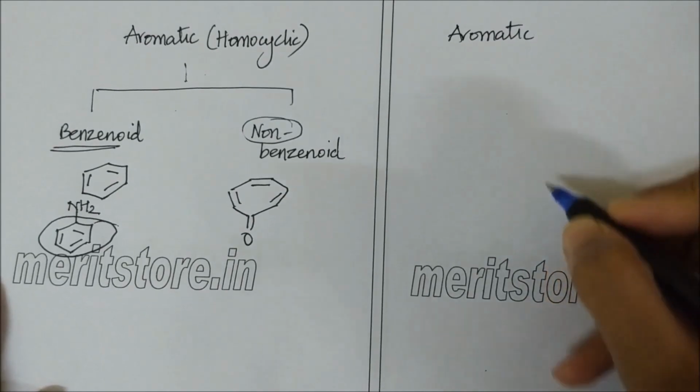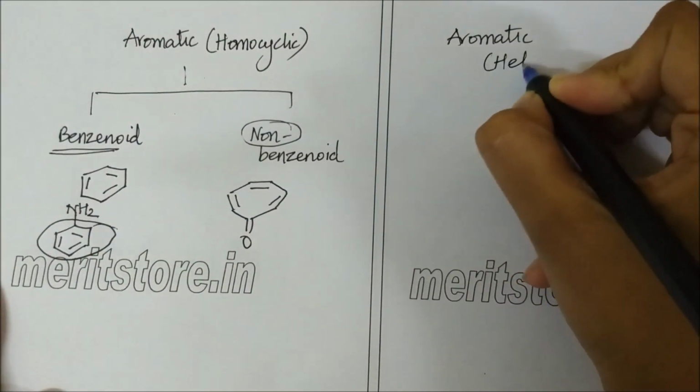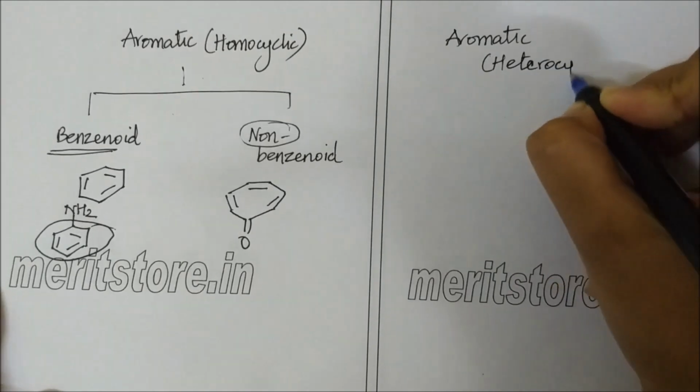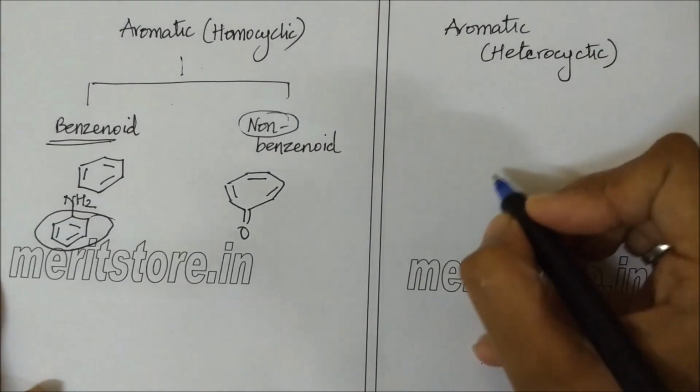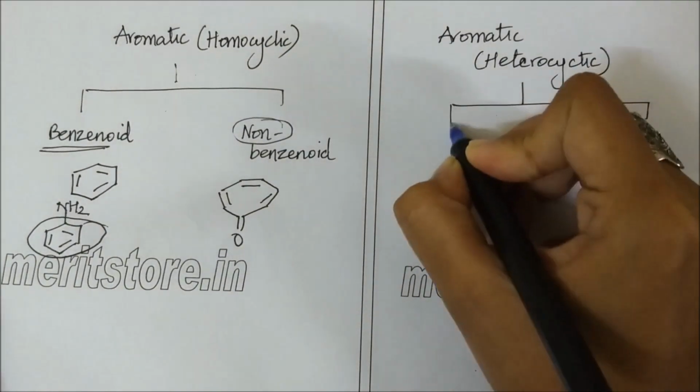Aromatic heterocyclic compounds can again be classified into benzenoid and non-benzenoid.